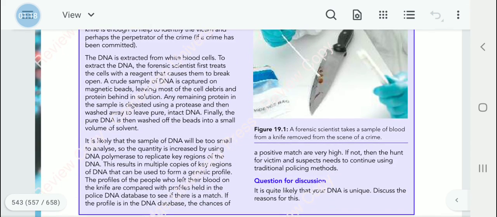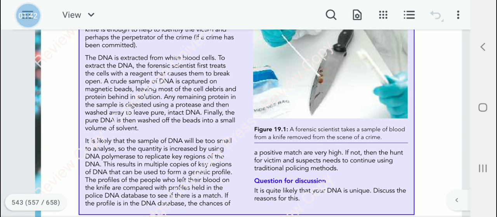So usually there is a process by which this DNA is extracted. After this DNA is extracted, we break it apart using different reagents, and then we use DNA polymerase to replicate the key regions of DNA.